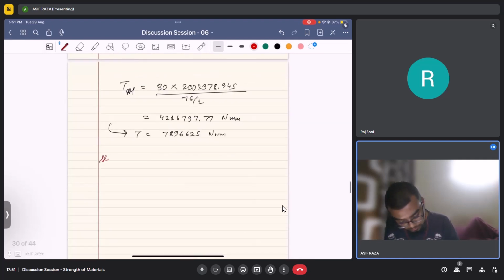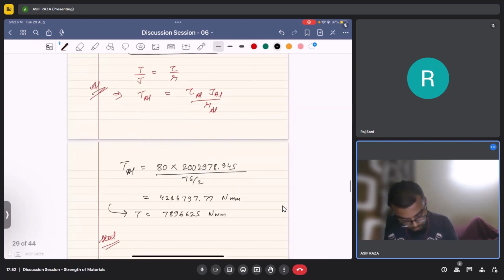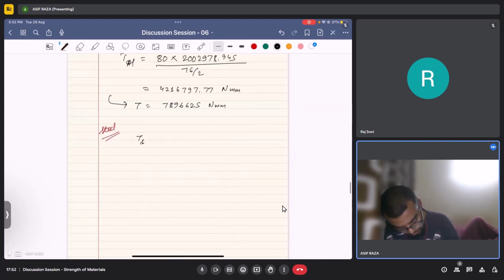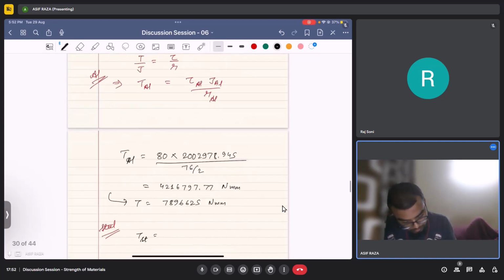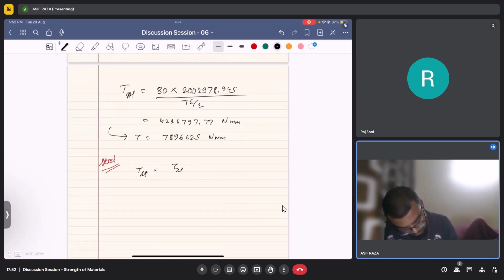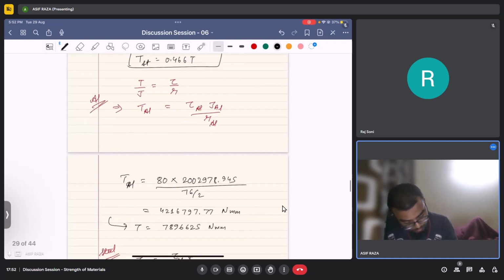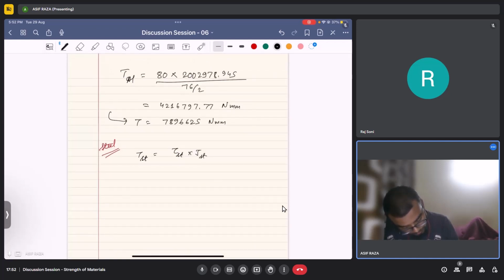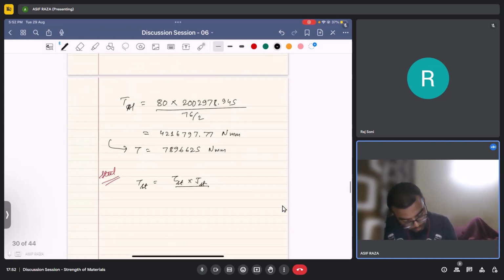When I take the case of steel, T steel is tau steel times J steel upon R steel.